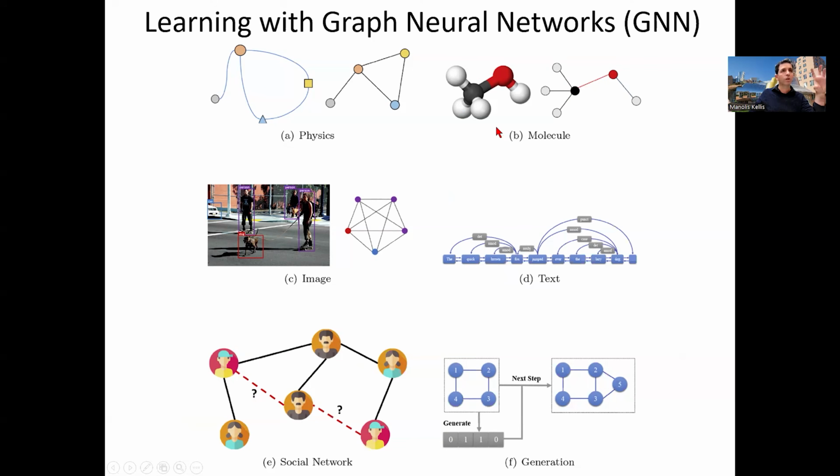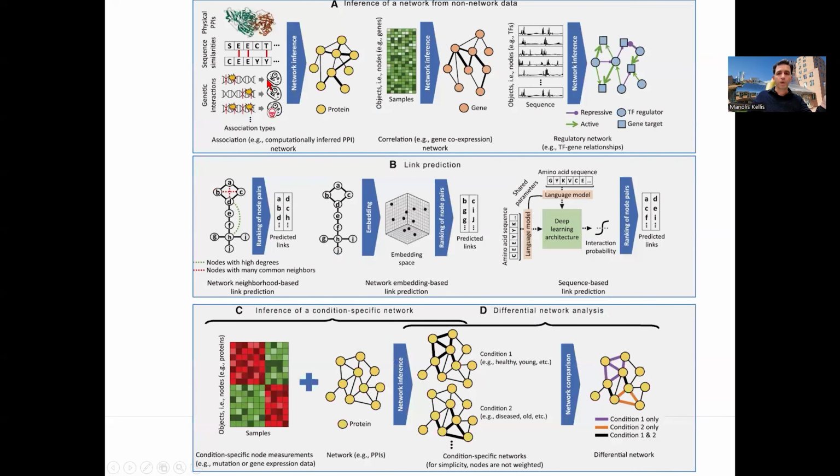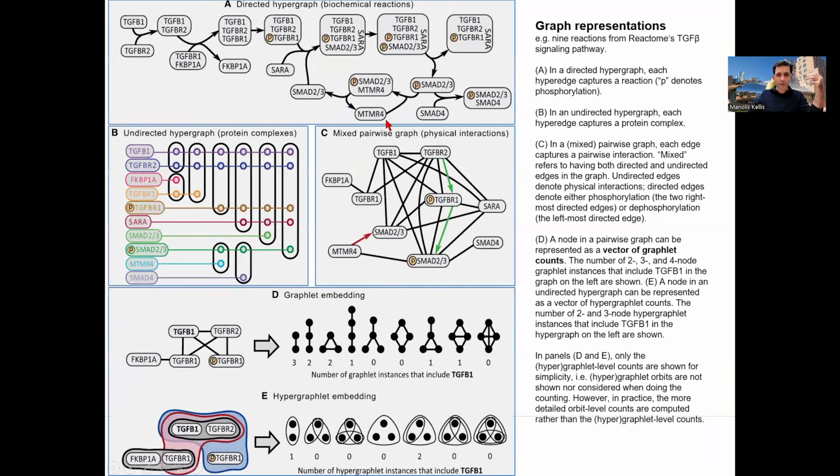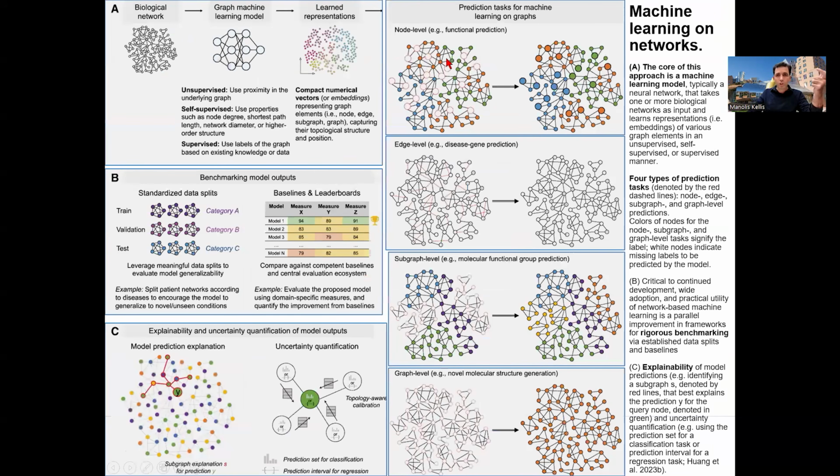And what I'm trying to do is learn representations of these molecules, or of these physical relationships, or of these texts, that capture the properties of the corresponding object. Okay, and that's where learning on graphs comes in. That's where I can take a graph and carry out predictions using machine learning at the node level, where I'm using the nodes and their properties to predict some property of the entire graph by learning progressively more abstract representations.